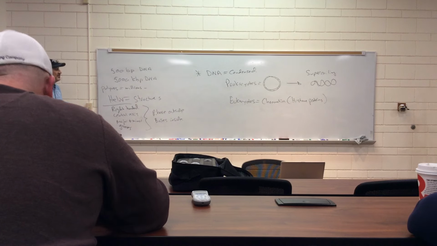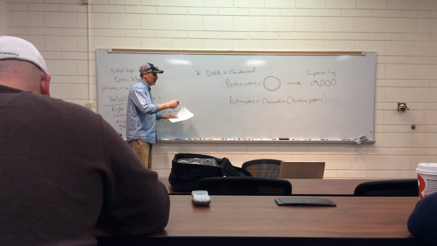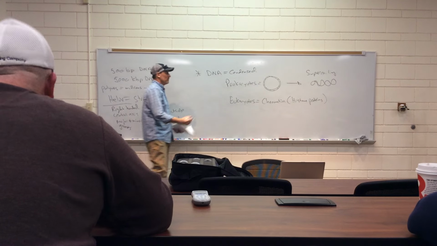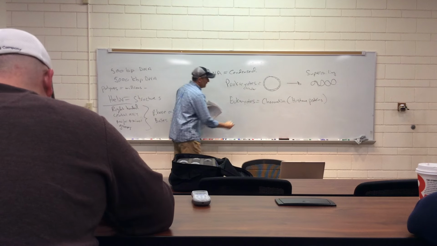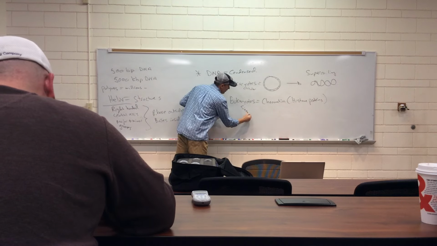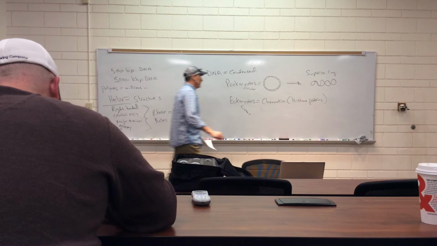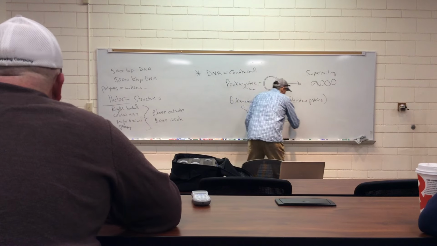Specifically, these things called histone proteins. And so if we take a look at your chromosomes, they have these big millions of base pairs of linear DNA. So these are circular. They don't have free ends. These are linear. They do have free ends. So what we end up doing is spooling the DNA around these histones.